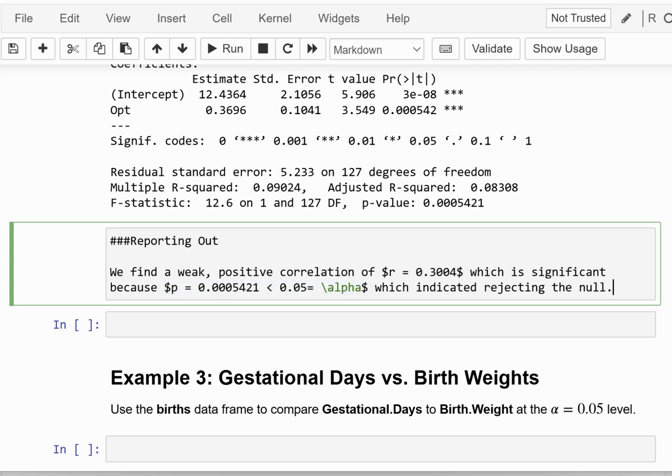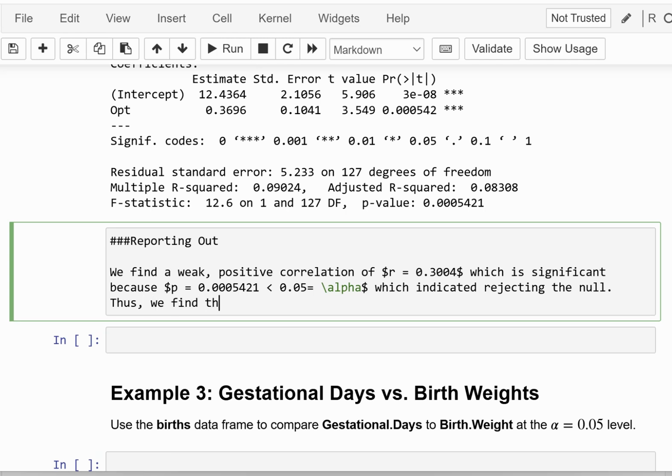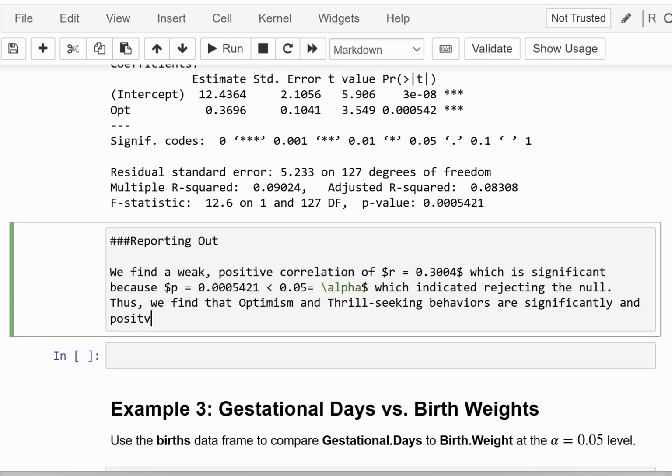And then I'm just going to say one sentence. Thus, we find that optimism and thrill-seeking behaviors are significantly and positively correlated.